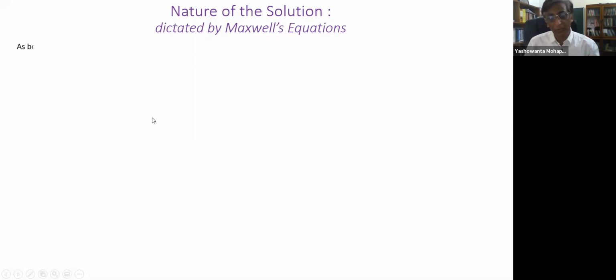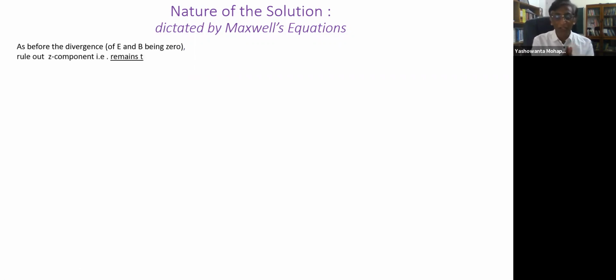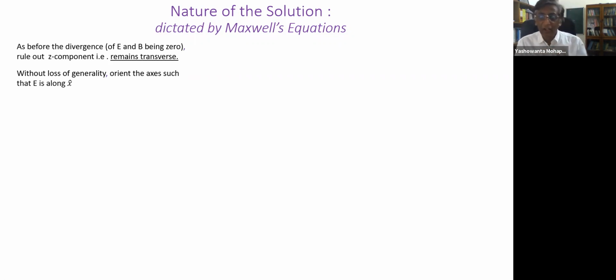which is dictated by Maxwell's equations. Of course, the other Maxwell's equations, as before, the divergence of E and B being 0 rule out any Z component, and hence, even in a metal, it remains transverse, obviously, as it should. So without loss of generality, let's orient our axis such that E is along x hat.